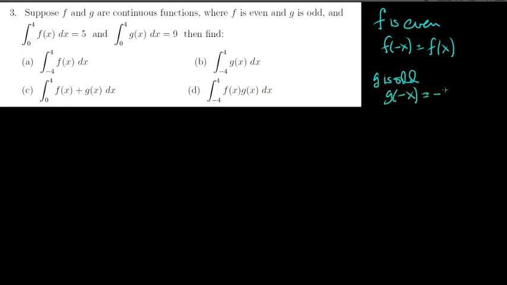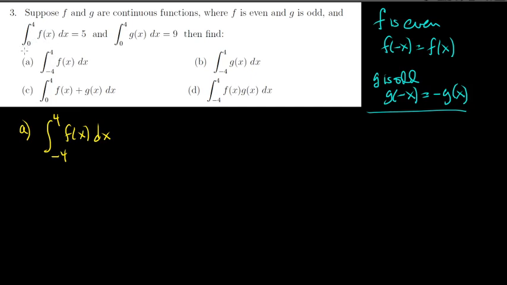This should be a quick one, right? Because remember, f is even. Remember what that means? It means f of negative x equals f of x. And g is odd, so that means g of minus x is minus g of x. So to calculate these integrals from -4 to +4, what are we given?